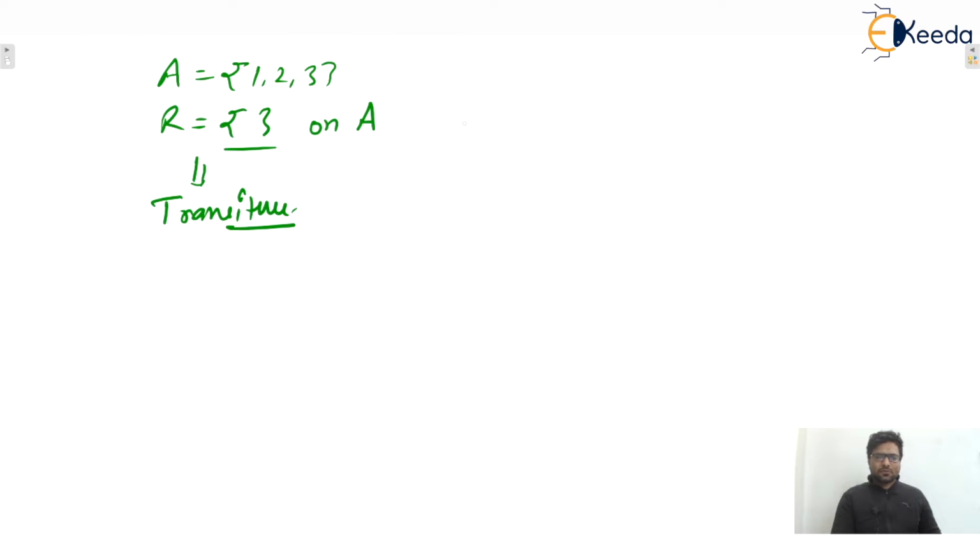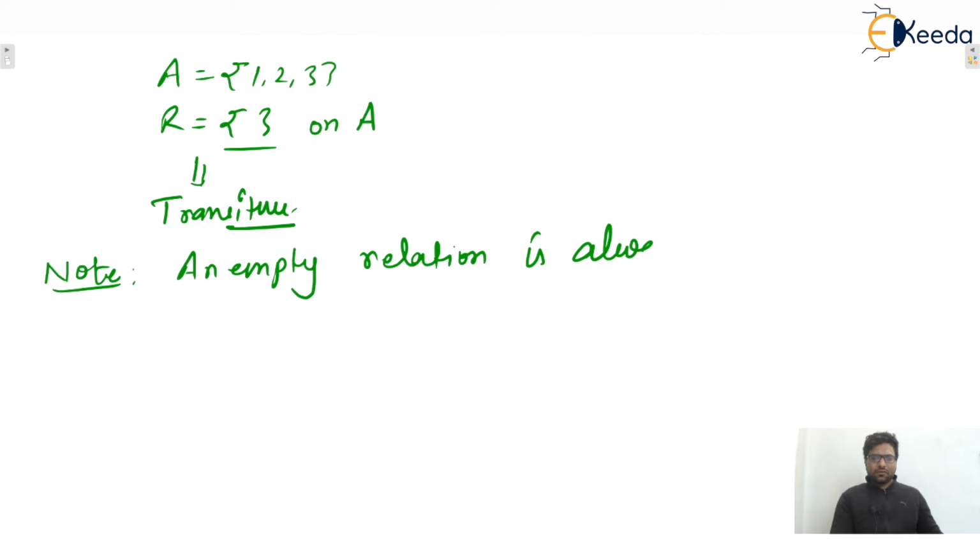But here no x, y and y, z is present. That's why, of course, an empty relation is always transitive.